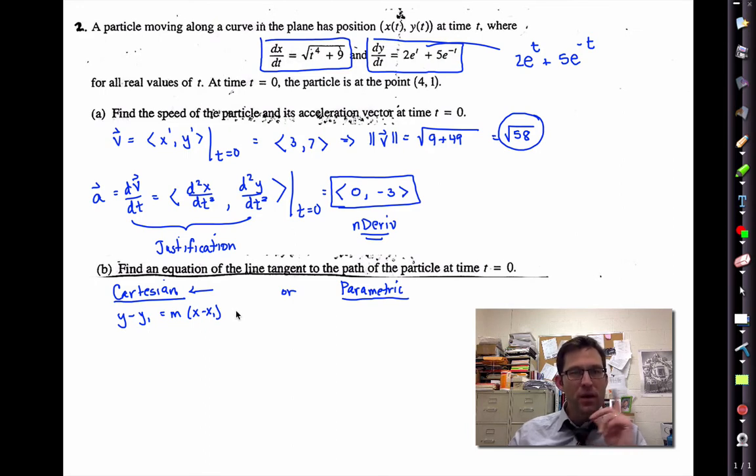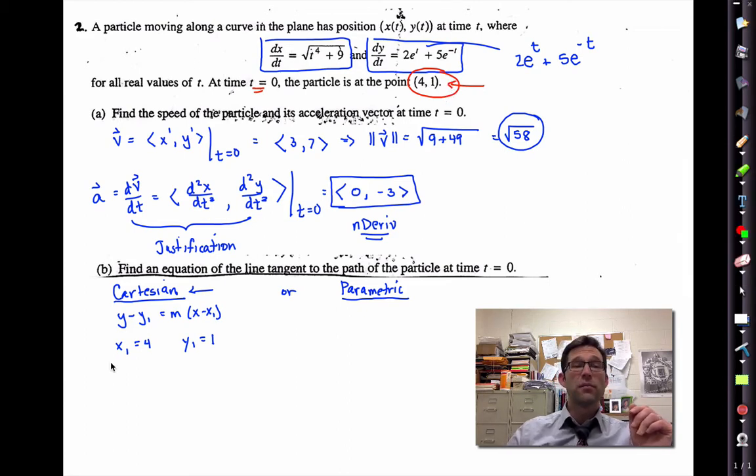Let's see. What do I know? Well, I got to get the slope and I got to get the points. This is not trivial now. Actually, maybe it is trivial, right? We know what x1 is. It's 4. We know what y1 is. It's 1. How do I know this? Because the problem told me that at t equals 0, I'm at the point 4, 1. So I've got those.